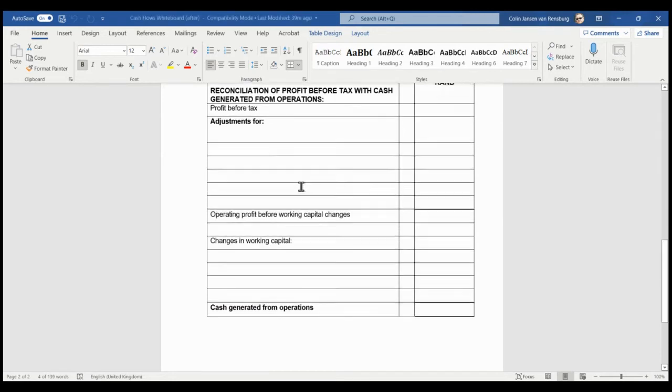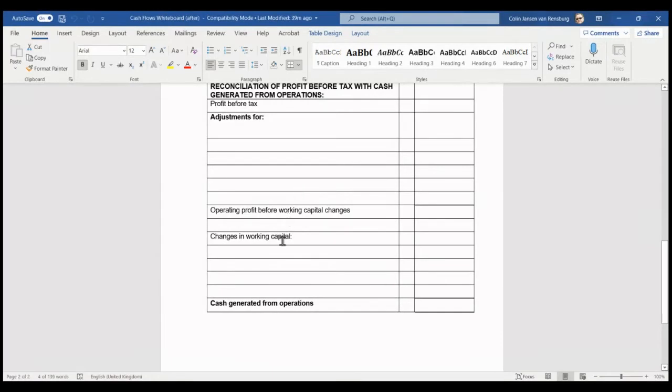The main point that I just want to make, ladies and gentlemen, is that you can see this note ends with a description of cash generated from operations. So it's exactly the same description, and therefore the same figure, that we are going to find on the face of our statement of cash flows.